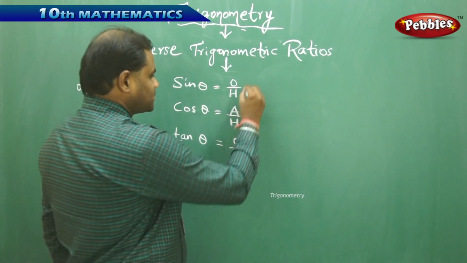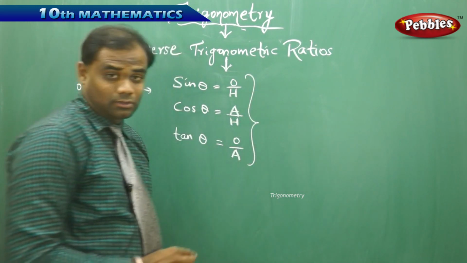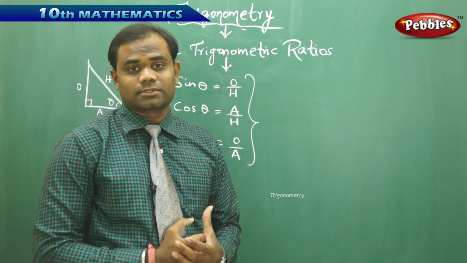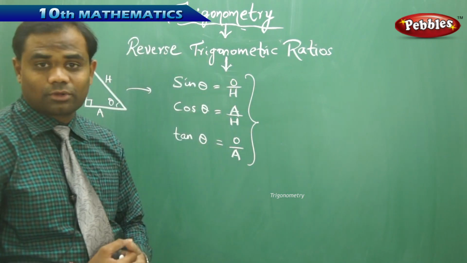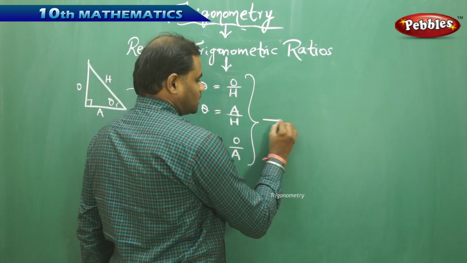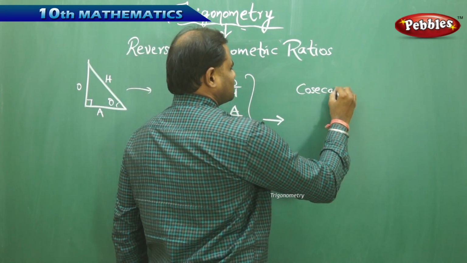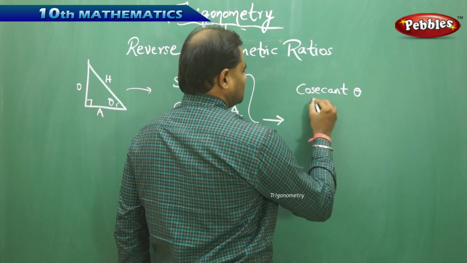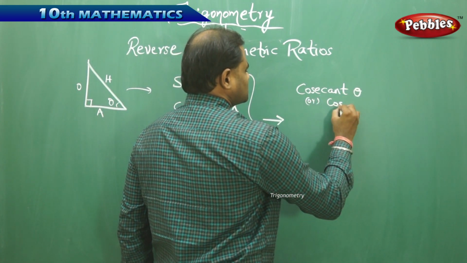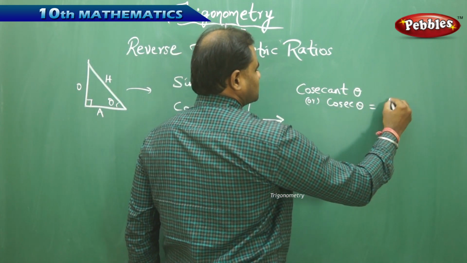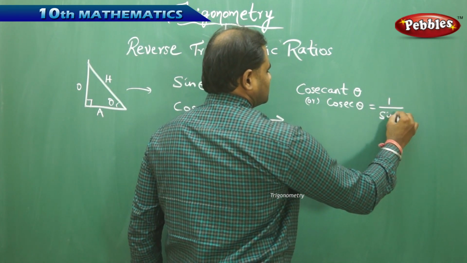Now, these three standard trigonometric ratios have led to the reverse trigonometric ratios, which are cosecant theta, or cosec theta, equals 1 by sine theta.